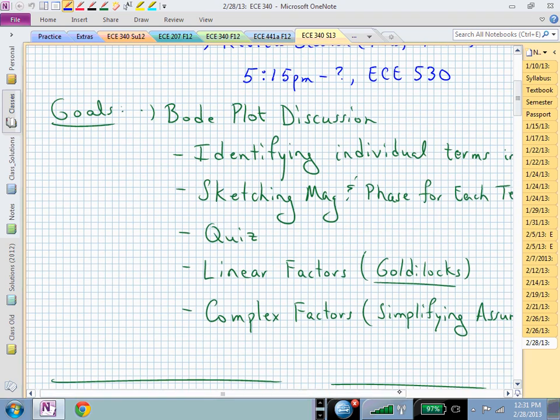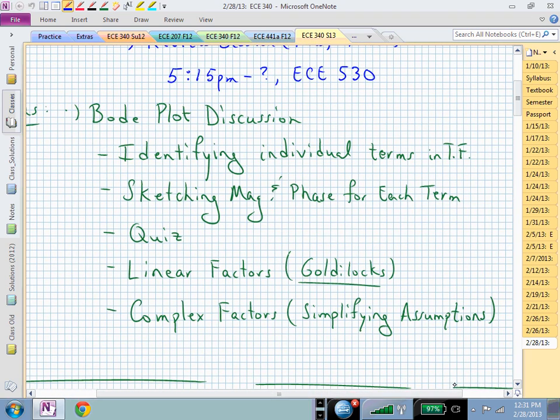What we want to do today is talk about Bode plots, and we'll quickly go over the transformation process. Then we will get into sketching individual terms. We'll look at having a quiz to see if you're getting some of this. We'll jump into linear factors and be able to worry about Goldilocks at that point.